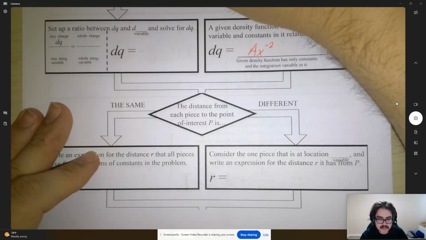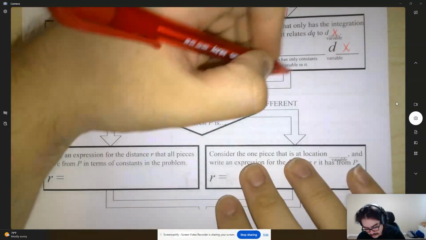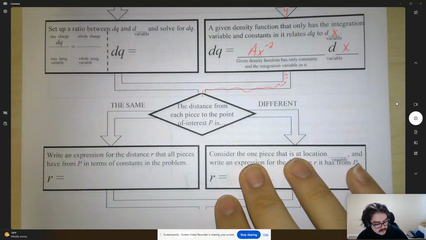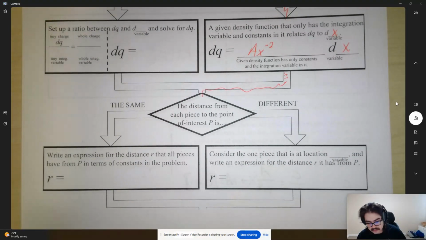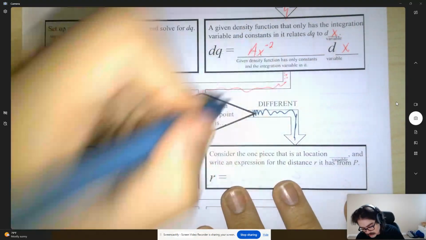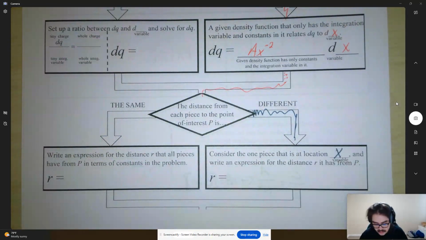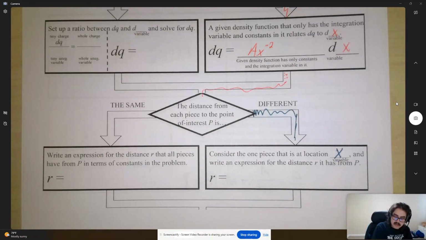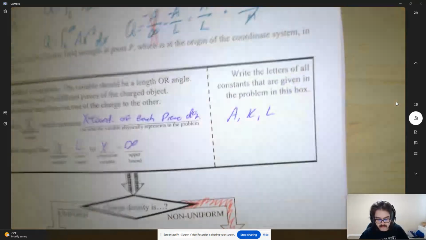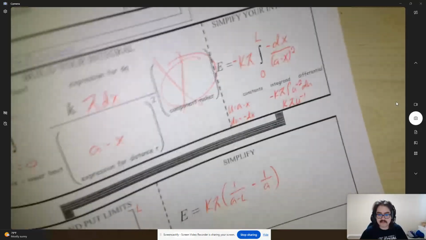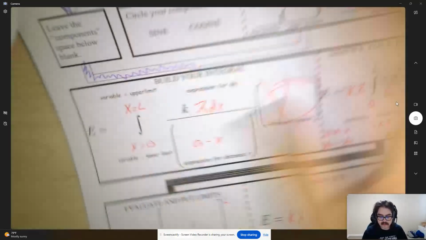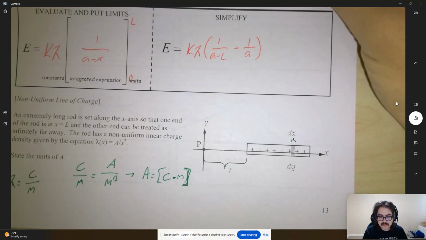The distance from each piece to the point of interest P: because it's a rod, it's going to have a different distance each time. So again, we're going to consider the one piece that's at location x and write an expression for the distance r it has from P. That's just going to be equal to x, because if you notice, our point P is at the origin, so why don't I just use the x coordinate of the piece, which I've already defined as my variable of integration?